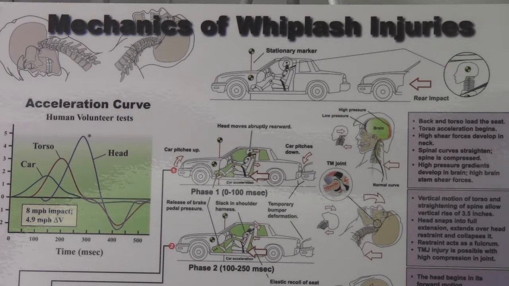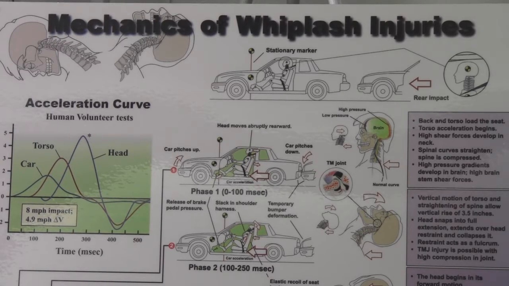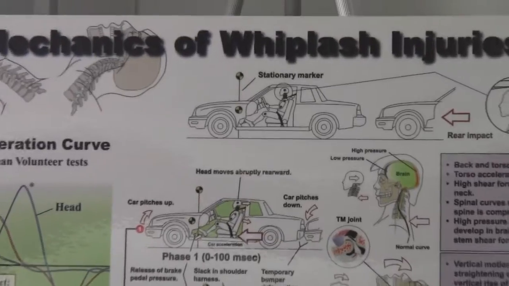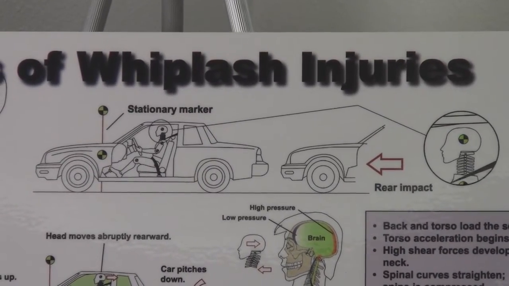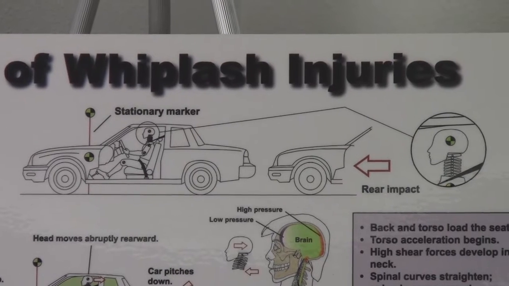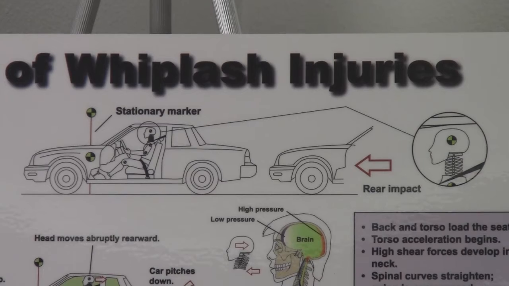The purpose of this video is to educate people as to what actually happens in a whiplash injury. I'm going to describe the time involved and how the average, most whiplash injuries occur between 8 and 12 miles per hour. They give you soft tissue injury, and we're going to show you why that happens and what happens during a whiplash injury.